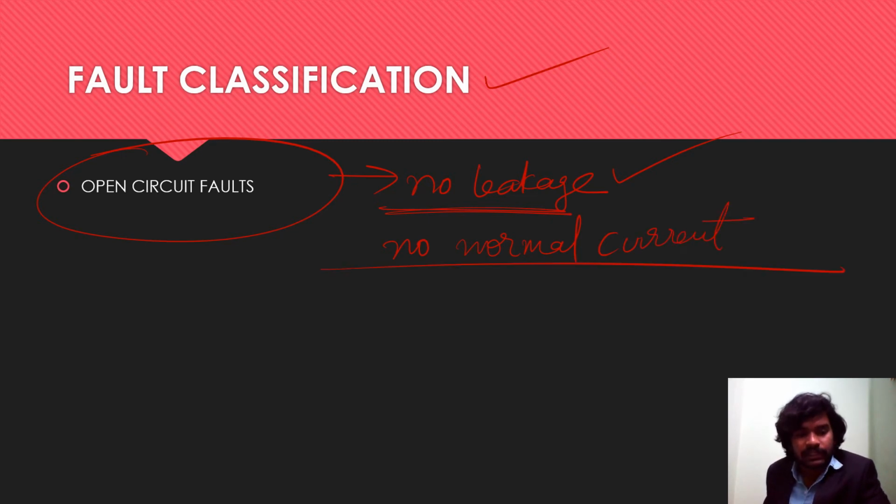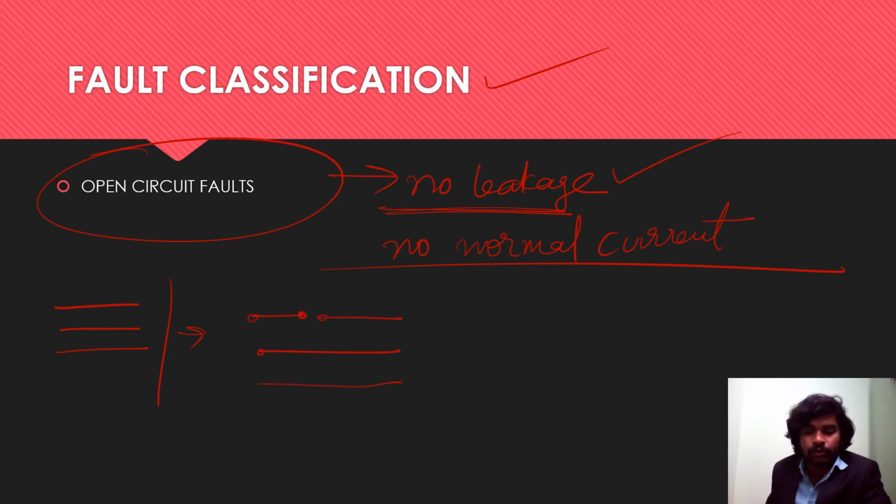For example, there is a three-phase system having three conductors like this. Suppose an open circuit fault takes place, so one line has opened, or say two lines are open, and the third one is okay. Or say all three phases become open.